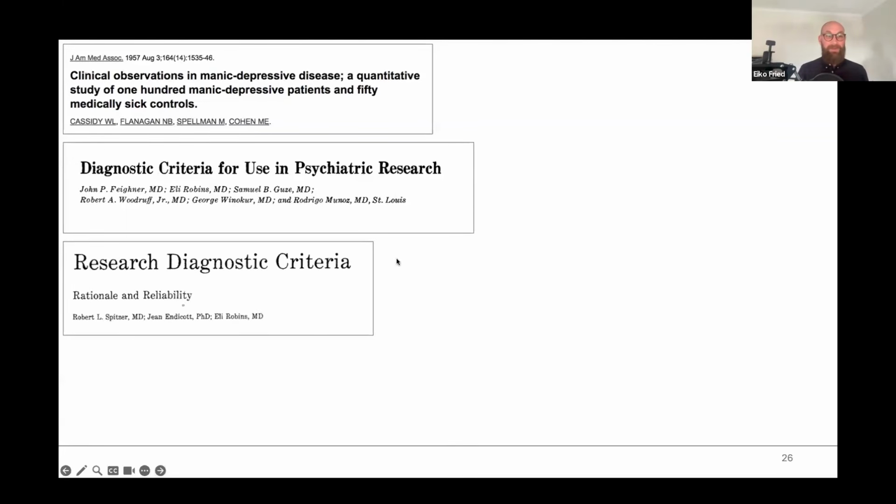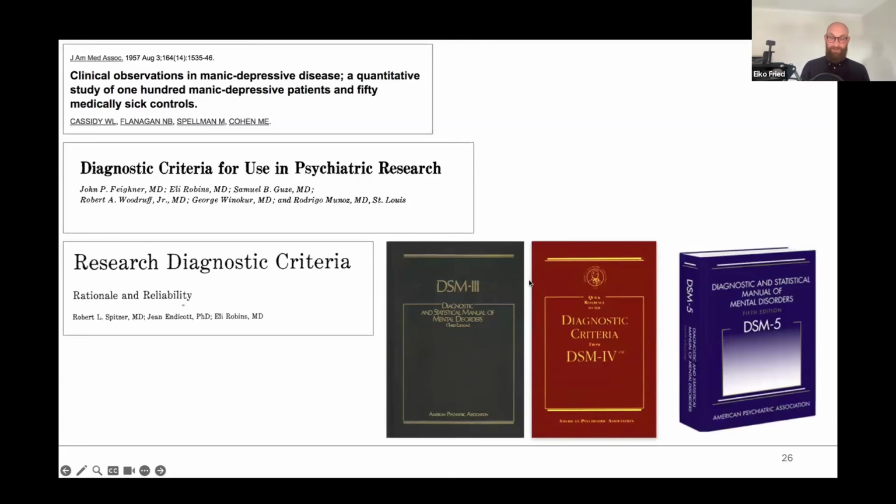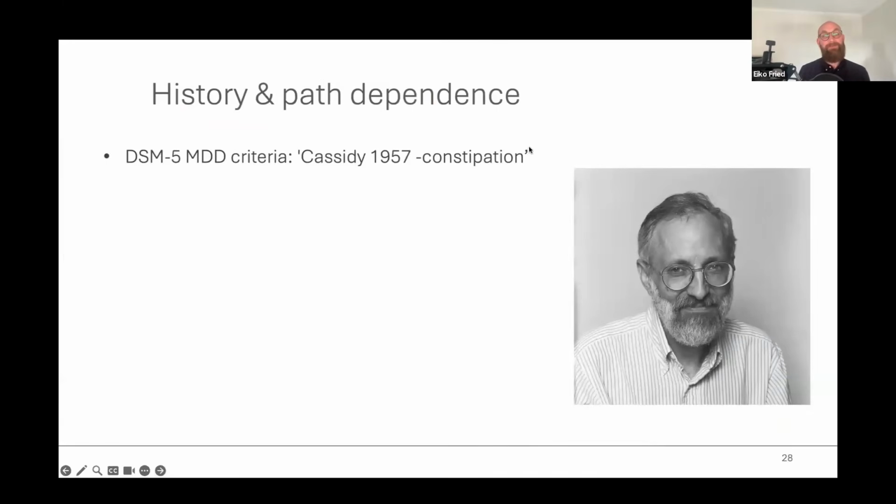We had the RDC a couple of years later, and this led to the DSM-3, DSM-4, and today DSM-5. DSM-5 criteria are essentially Cassidy's 1957 list minus constipation. There have been minor adaptations, but they're very limited. Basically, we have a list that is very similar to Cassidy's 1957 list.